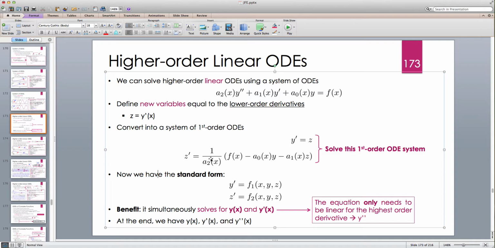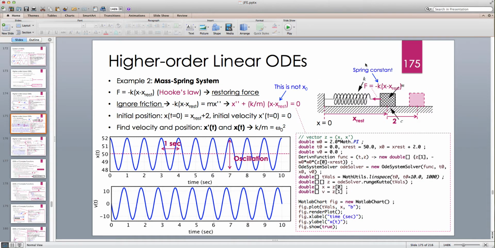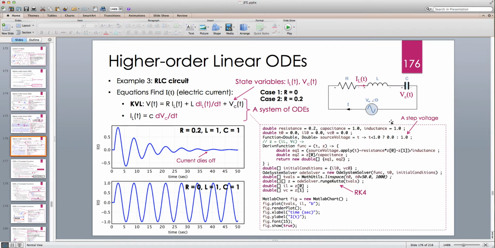And then based on an algebraic equation, we can also find the value of y double prime. So this way of solving higher order differential equations allows us to immediately find y prime and y double prime. And we had examples, for example, a free falling ball, a mass spring system that gives us a second order differential equation, and an electric circuit, RLC.